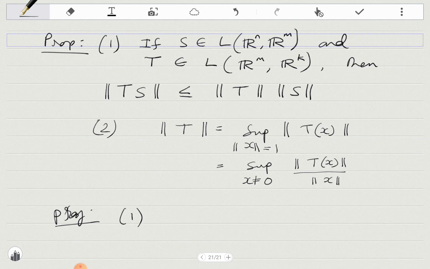The multiplicative property. Actually, all of these are quite straightforward. So let x belong to Rn, norm x less than or equal to 1.